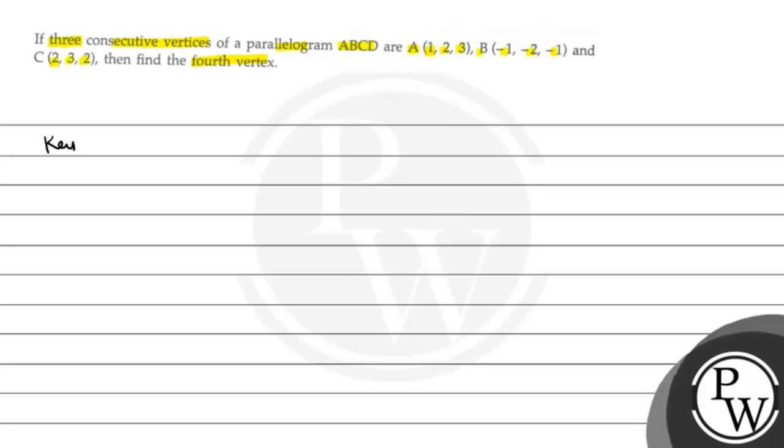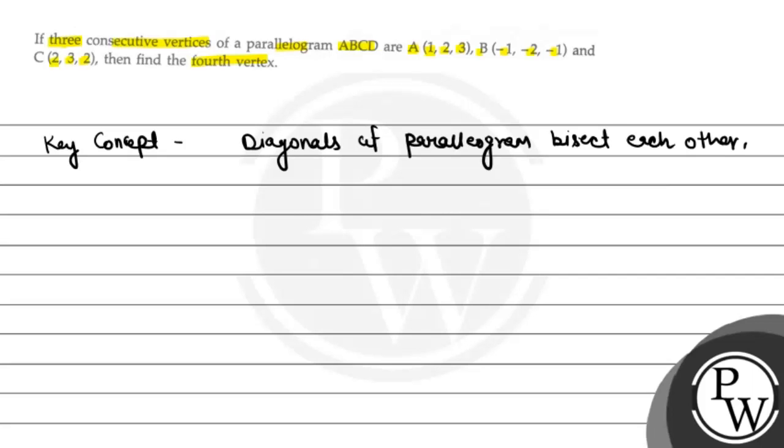So the key concept for this question is that the diagonals of a parallelogram bisect each other, so the midpoints of the diagonals are the same.